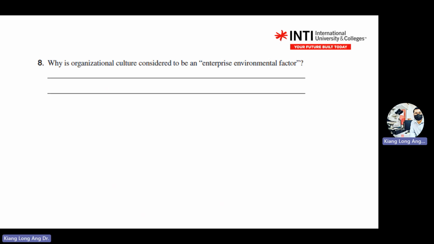The culture will form what? This is actually asking you what you understand about the culture, the word culture. What will culture do to the organization? Okay, do things differently. Why do they do things differently?